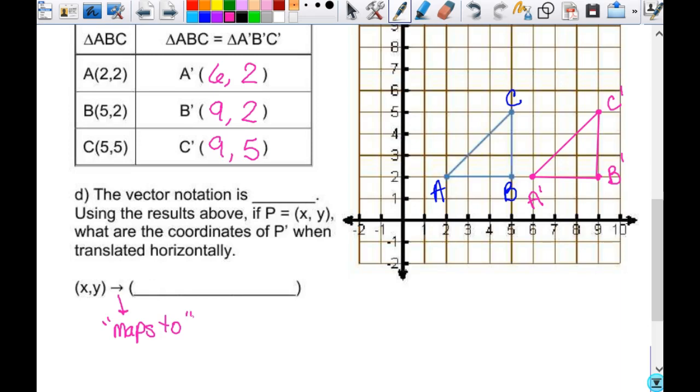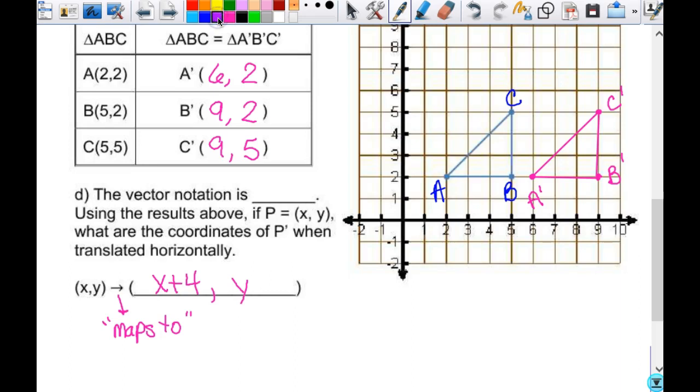And so they all moved the same distance, the same direction. So every single x value has 4 added to it. So x, y maps to x plus 4, comma, y value didn't change, so it's just y. So all that so far should look familiar. Would you agree? Okay, so now what's different here is the vector notation.